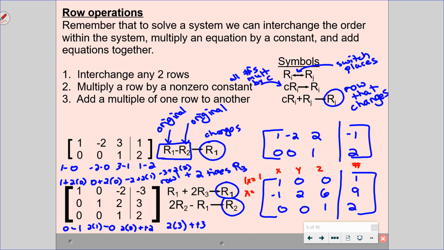Or by doing this, we've just found out that x equals 1. If we did the same thing for the last equation, we would say that 1z is equal to 2, or that z is equal to 2. We have just figured out 2 of the variables and then could, if we had to, very easily solve for the y. This is what you're ultimately going to get to by the end of this video.